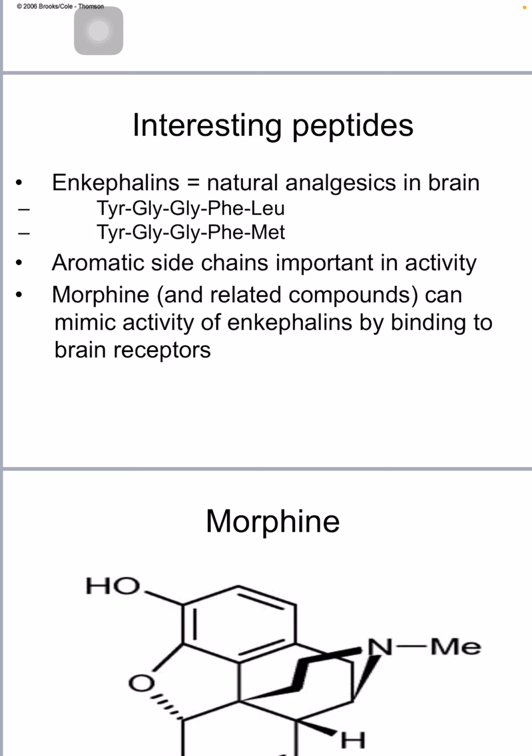You see something very similar with, I'm getting a little off topic here because this is not peptides, methamphetamine. Methamphetamine's a stimulant. It can very much mimic the activity of something called dopamine. Pretty interesting.